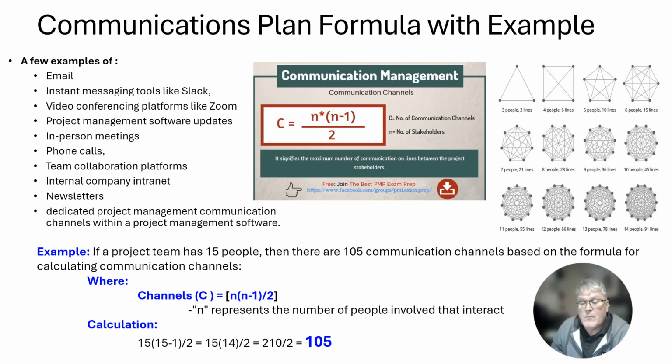In the example below, there are 15 people on the project team, and by using that formula, 105 channels of communication are developed. If you look at the graphic on the right, it gives you a graphical representation of how all the channels would play out. For instance, at the bottom, if you had 13 people, there would be 78 lines of communication. So make sure that you know that formula. Like I said before, you'll likely see it on the exam.